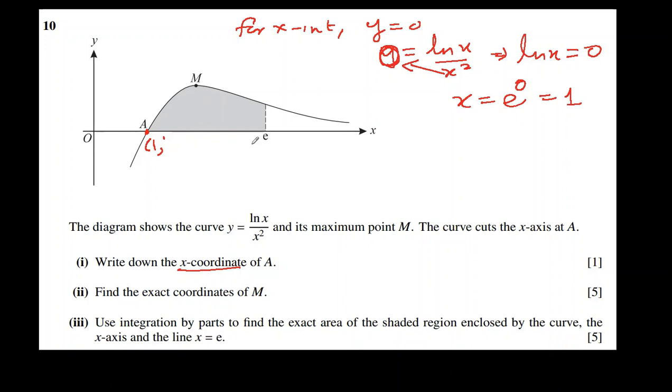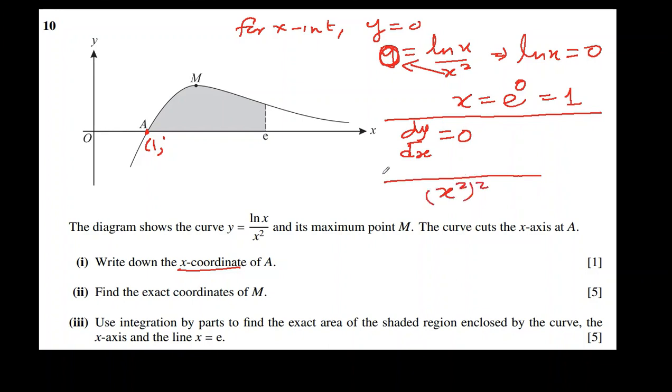Find the exact coordinates of M. Now for M, which is a maximum, in other words a stationary point, to find the stationary point of any curve, we first find dy over dx, which is differentiation. We make it equal to 0 and we get the stationary point. So let's differentiate y equal to ln x over x square, using the quotient rule. So x square squared first, then we write x square here, and we differentiate the ln x.